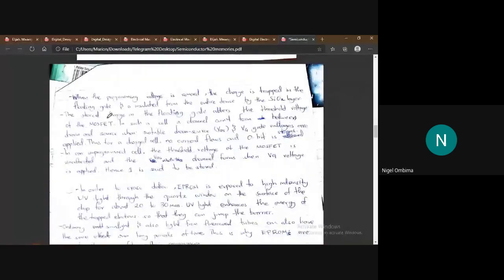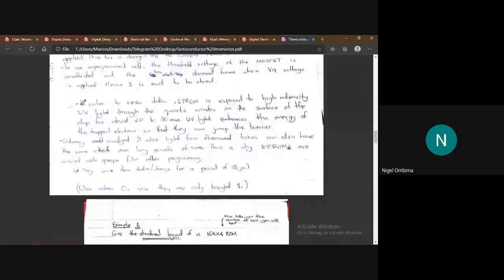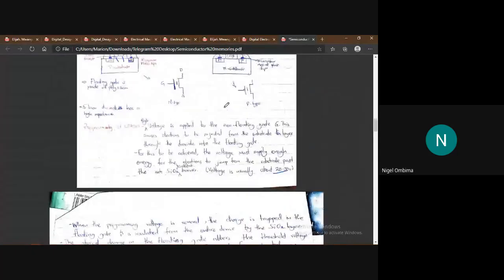In order to erase the data, the EEPROM is exposed to high intensity UV through a quartz window on the surface of the chip for about 20 to 30 minutes. The ultraviolet rays give the trapped electrons enough energy to cross back over the barrier and go back to where they were.